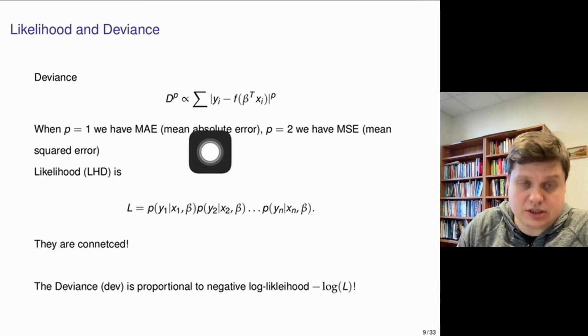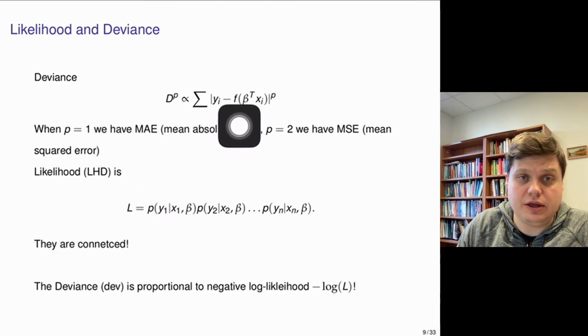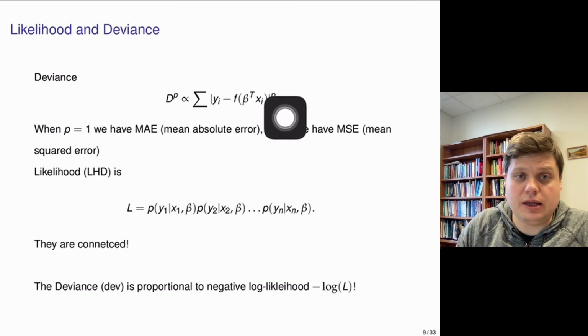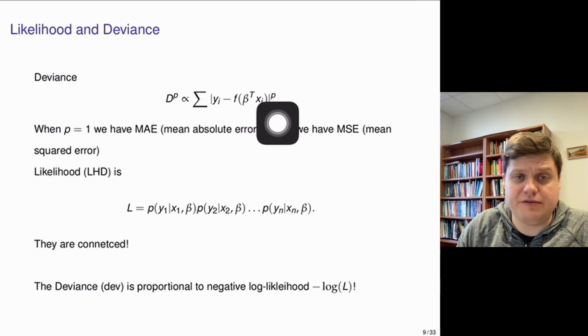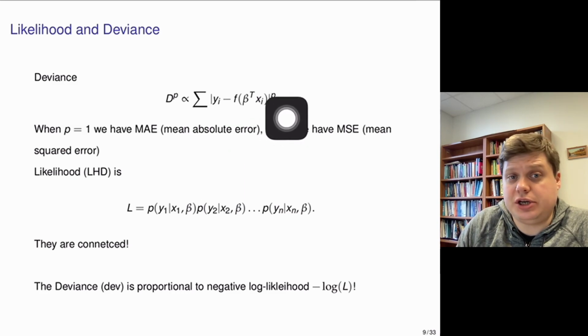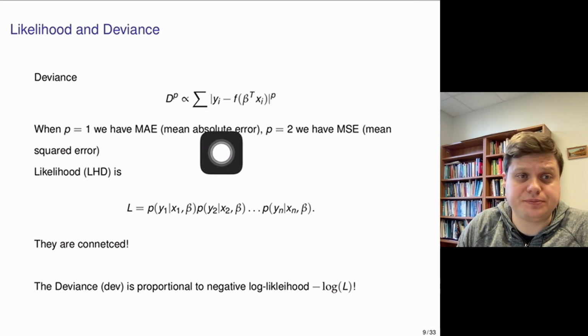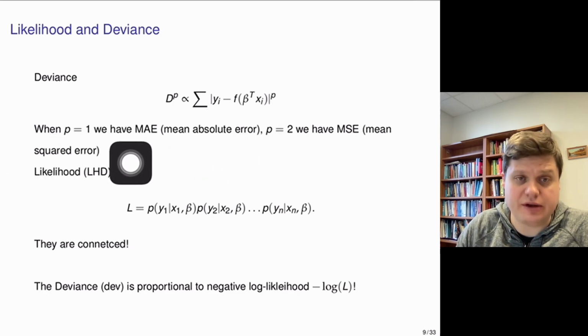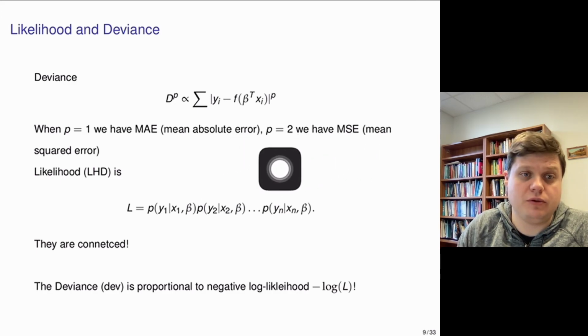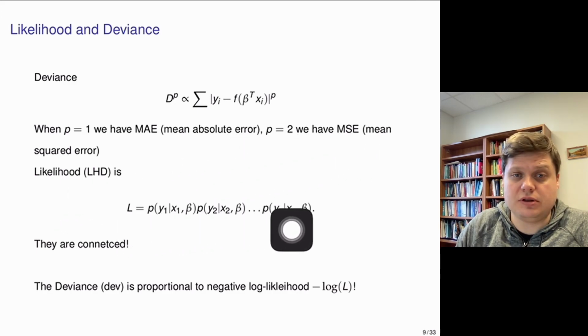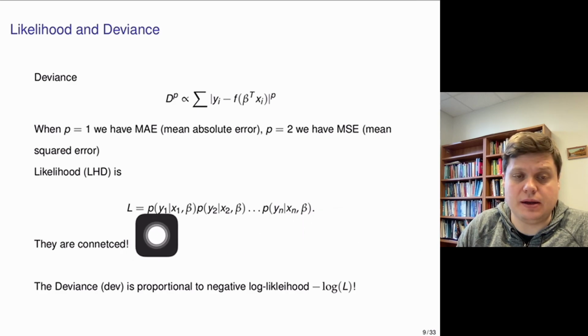So again, the deviance is just the distance between the actual observations yi minus the predictions, so beta transpose xi, and then you can take an absolute value of those differences, or you can take squares, or in general you can raise it to any power p. So when p equals 1, you have mean absolute error. When p equals 2, you have mean squared error, the one we talked about before. And the likelihood is just the product of individual density functions calculated at the observed points.